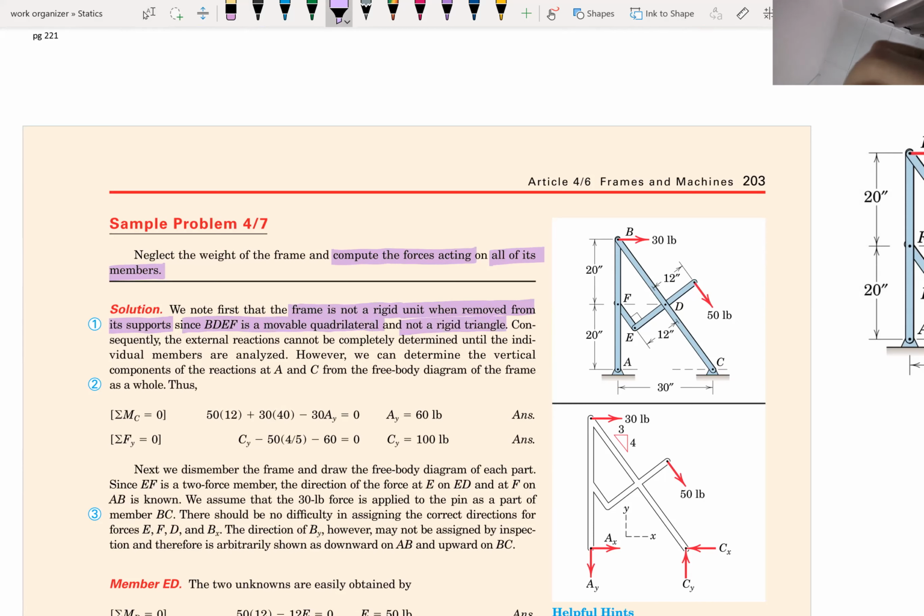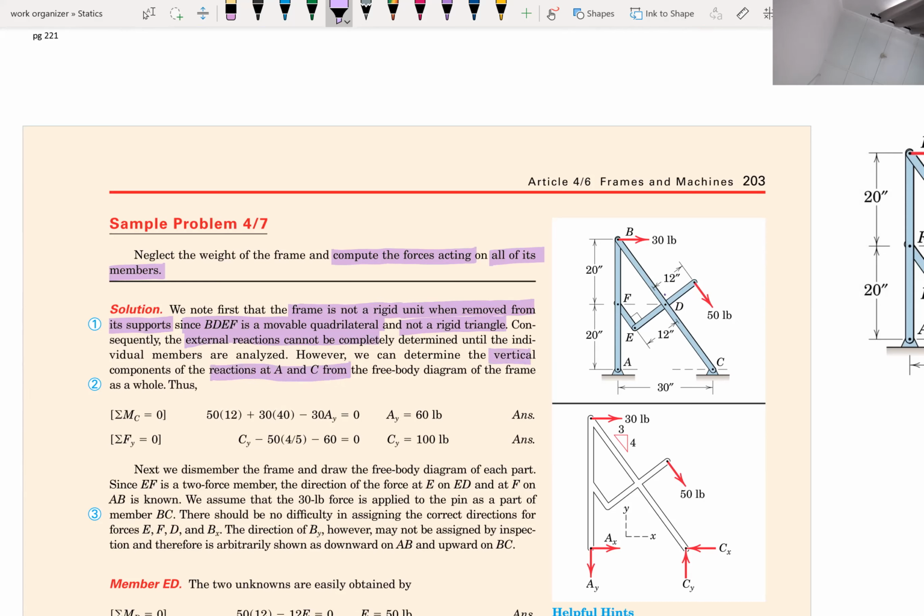Here it can be moved, unless it is a triangle. If it is a triangle, it is rigid. Therefore it is hard to compute the external reactions, but we can determine the vertical reactions at A and C.